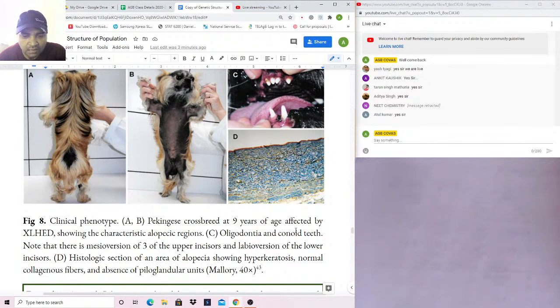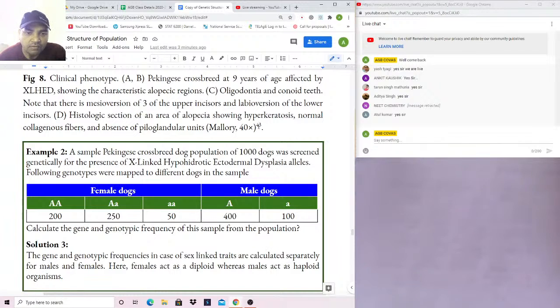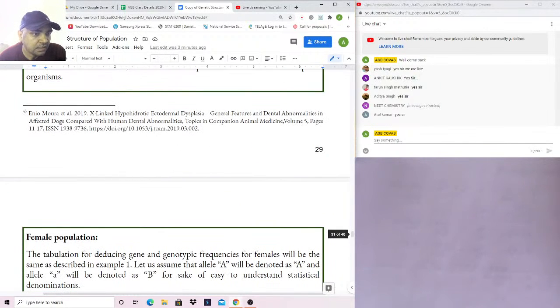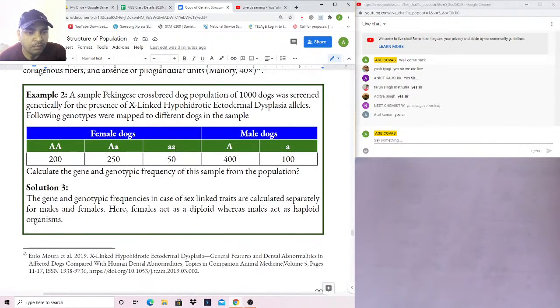Note that there is a mesioversion of three of the upper incisors, and a labioversion of the lower incisor. D is the histological section of an area of alopecia showing hyperkeratosis, normal collagenous fibers, and absence of piloglandular units. This is taken from one of the papers, Moura et al. 2019, where they have reported this particular disease.